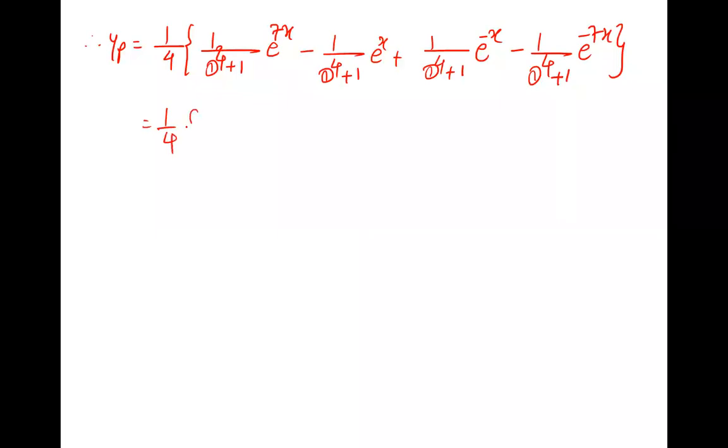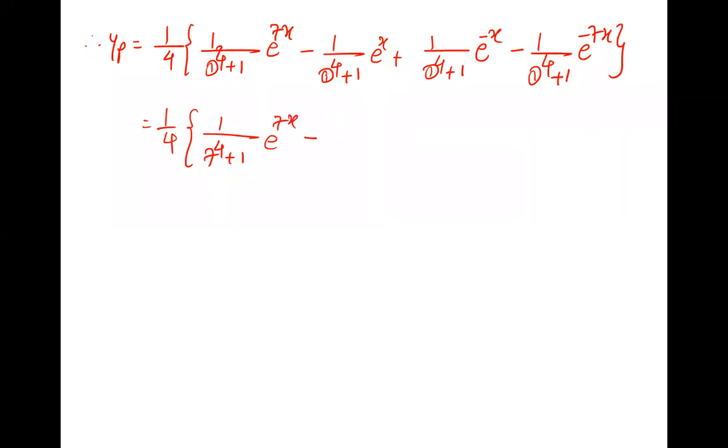Therefore, yp is equal to 1 by 4. Here d is replaced by 7, so it is 7 raised to 4 plus 1 into e raised to 7x.